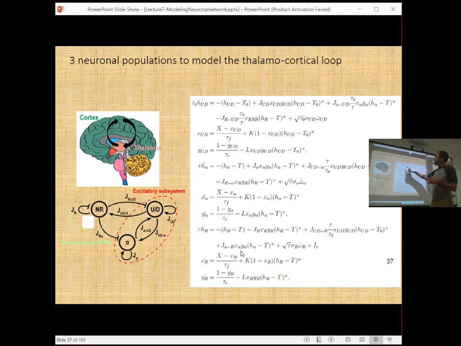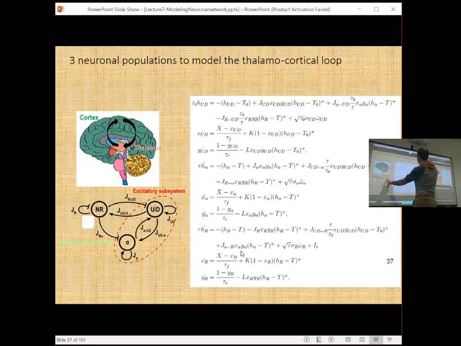And now you do the same as I did before. There's something more here, but I'm not going to discuss this for the moment. But you have the positivity when you go from, let's say, UD, it is activated by itself. It's going to be stimulated by alpha.